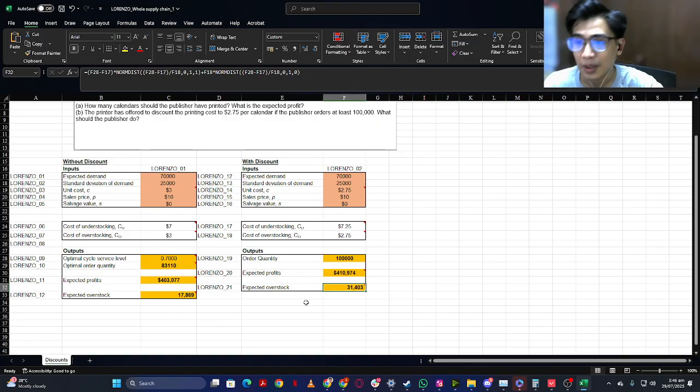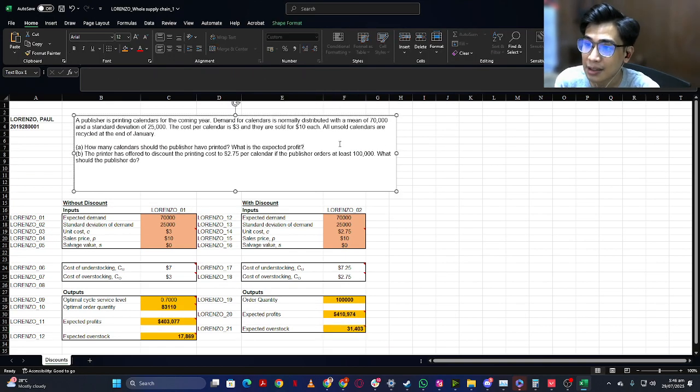So to answer the questions, how many calendars should the publisher have printed and what is the expected profit? If I were to write this, the publisher should print at least 83,110 calendars.